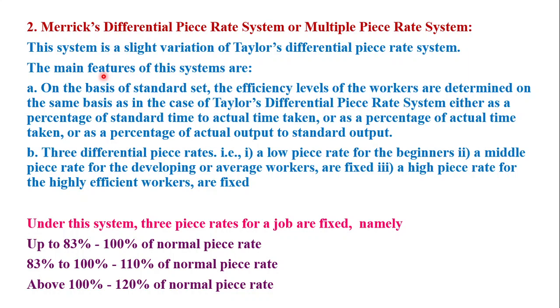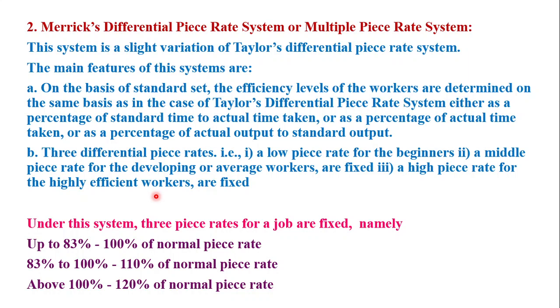The main feature of Merrick's system is that, on the basis of the standard set, the efficiency level of the workers is determined, as in the case of Taylor's system. We calculate the level of efficiency the same way here also.